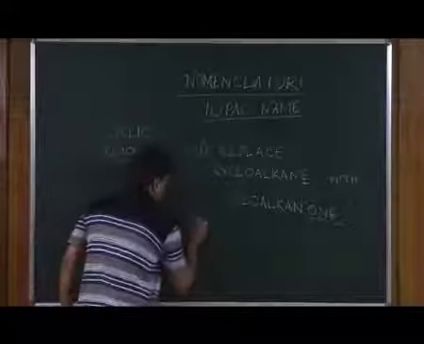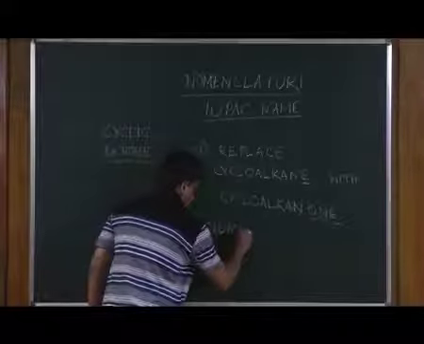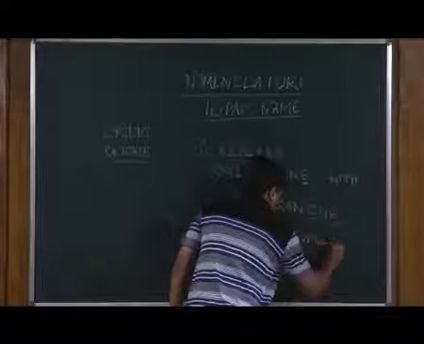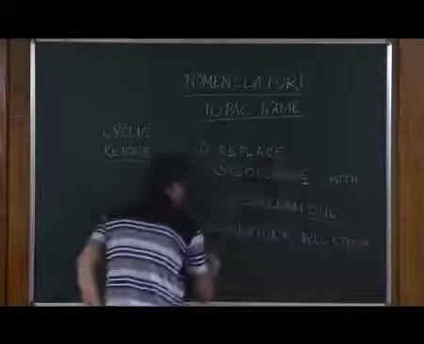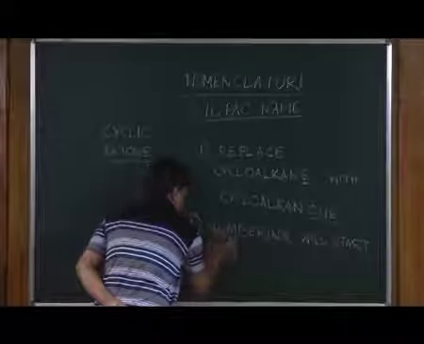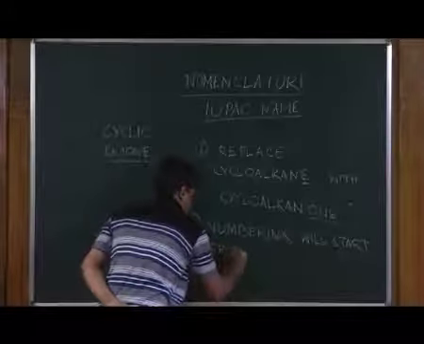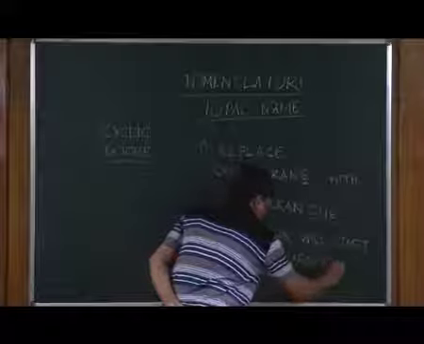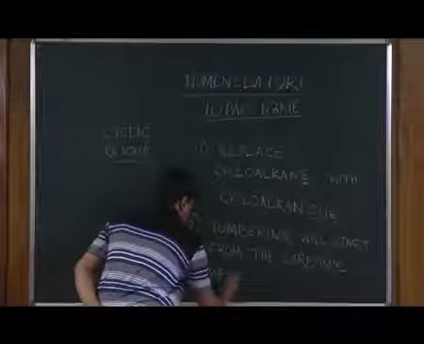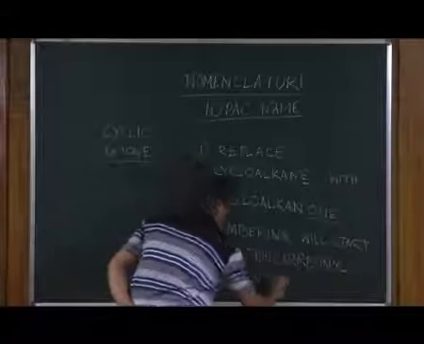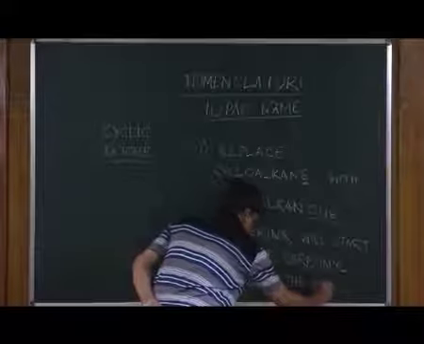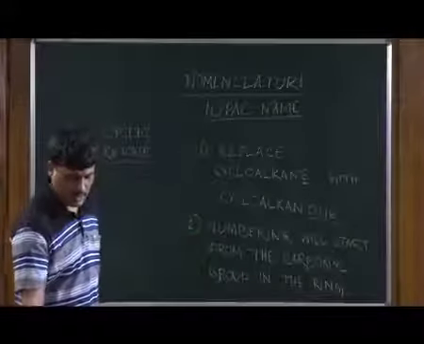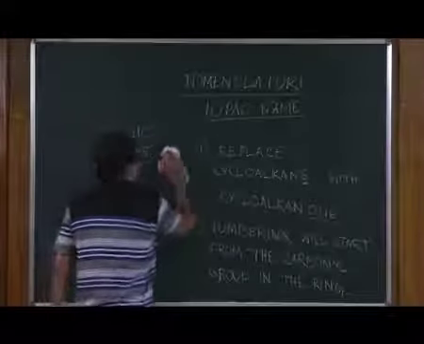The numbering will start from the carbonyl group in the ring, so the carbonyl group will get number 1. Let us discuss some examples.